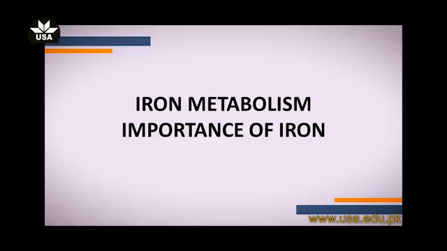Iron metabolism. Let us discuss some of the importance of iron. Iron is an essential mineral and an important component of proteins involved in oxygen transport. The human body needs iron for oxygen transport, and iron is important for the formation of hemoglobin and myoglobin.